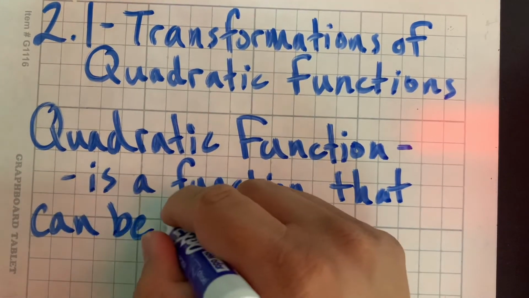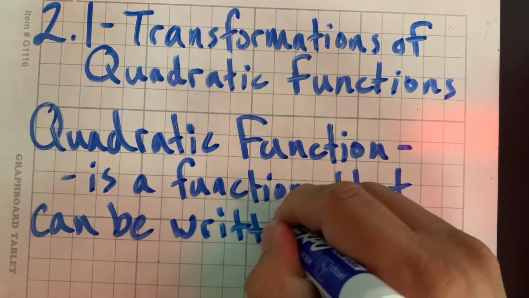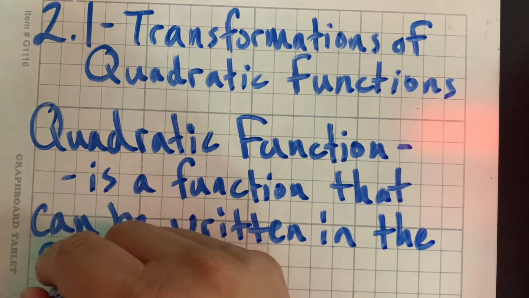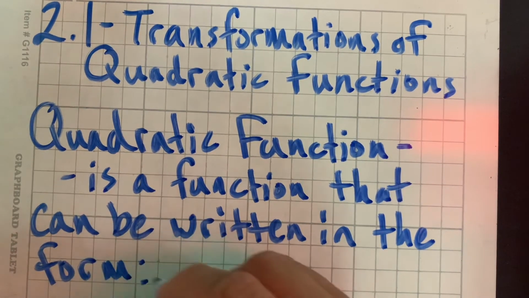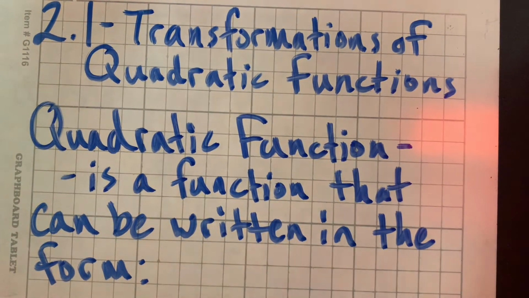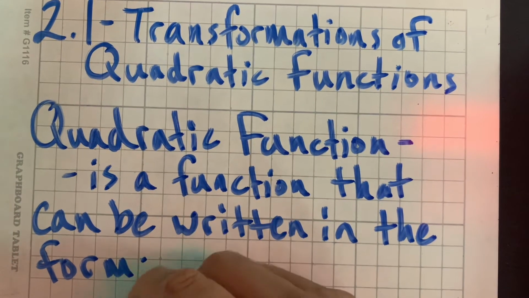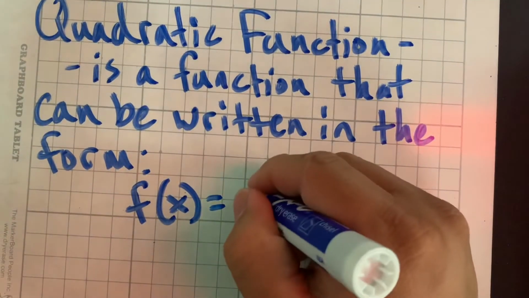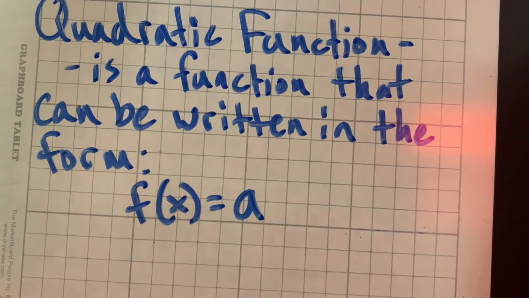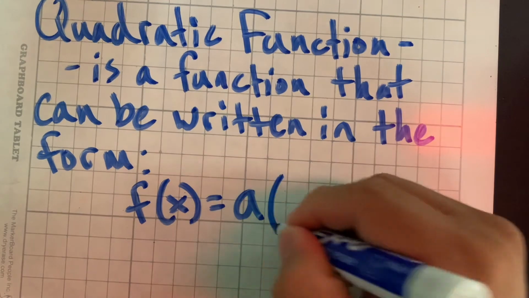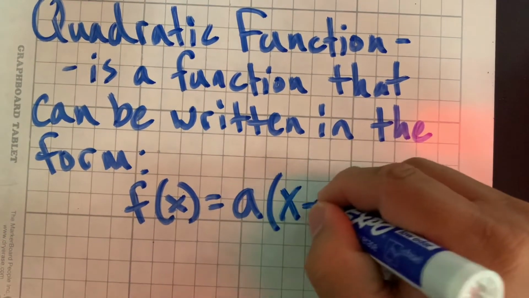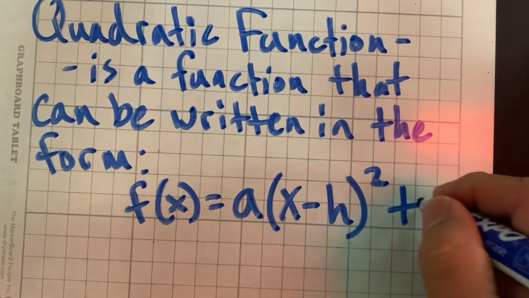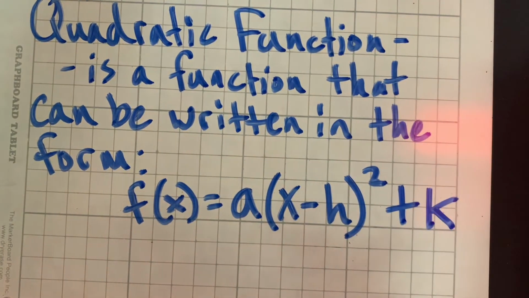That can be written in the form, I'm going to write it down here, f of x equals a times the parentheses of x minus h squared plus k.